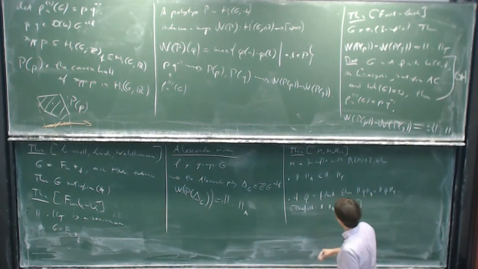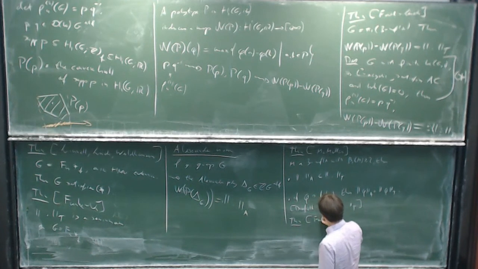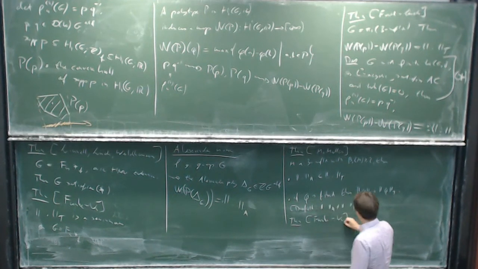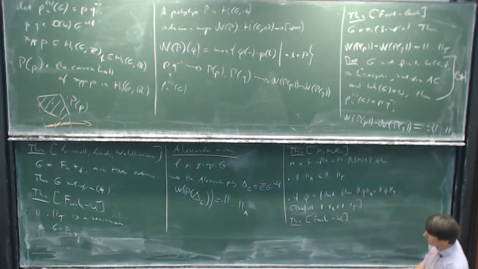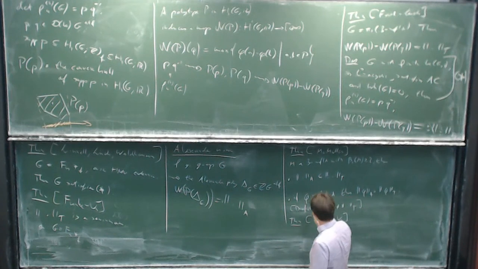So it turns out that if you go away from the three-manifold setup and go to the free-by-cyclic setup, or ascending HNN extensions for free groups, then the same is true.